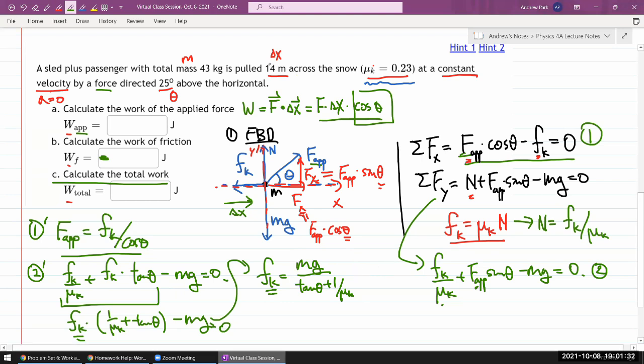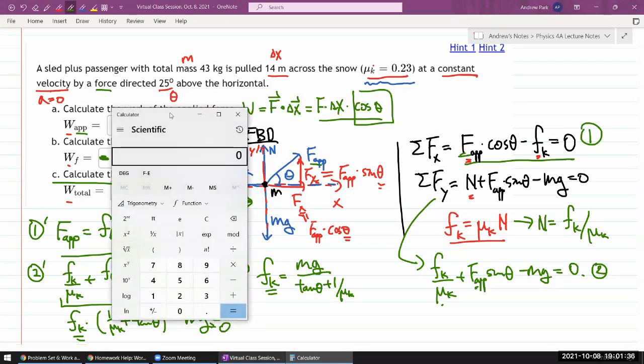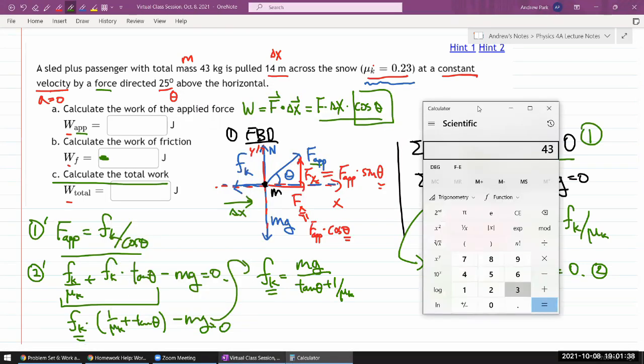So let me do that in a calculator and plug in the answer to make sure I got it right. Let's do mg, 43 kilogram times g, 9.8, divided by tangent theta, so 25 tangent, plus 1 divided by 0.23. Okay, that's the ratio.